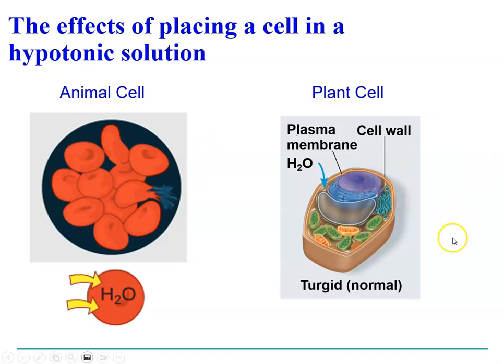However, for a plant cell, it's not fatal. Plant cells can take on extra water and store it in their central vacuole, and this will cause the components of the cell to push outward on the cell wall, creating a situation that is causing the cell to be what's called turgid.